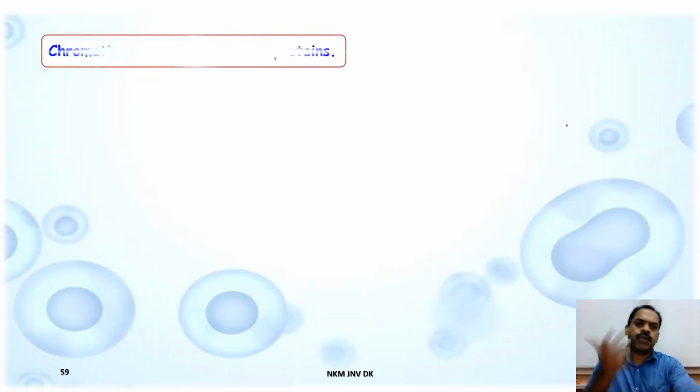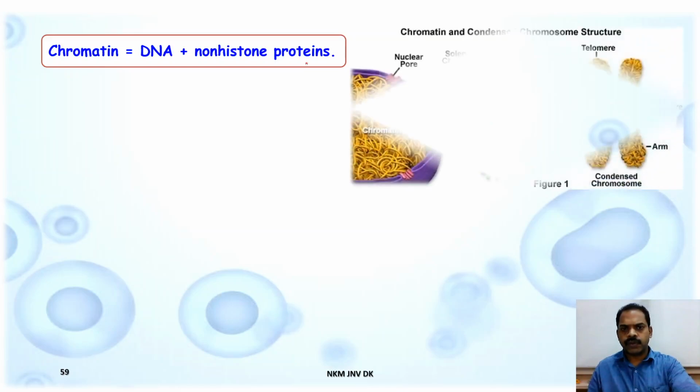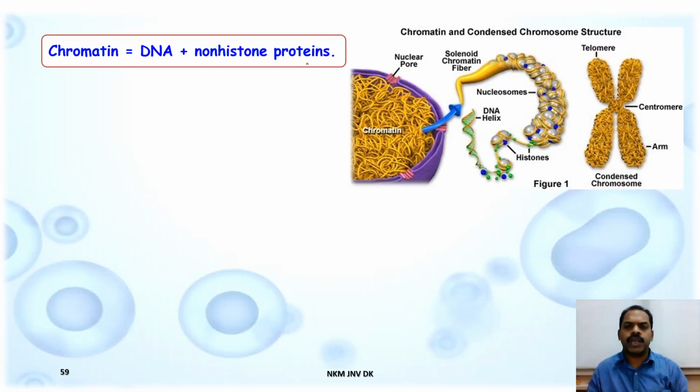Now let us study the other components inside the nucleus. Basically, we are going to the chromatin. Chromatin is DNA plus protein, basically histone and non-histone proteins form the chromatin. Here you can see it's not a bowl of noodles. It shows the nucleus with the chromatin, thread-like structures.